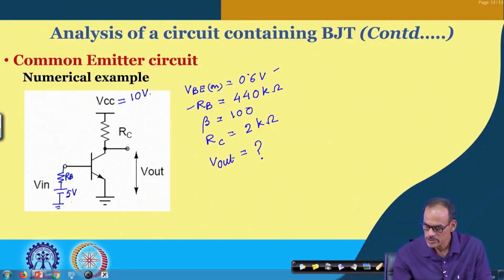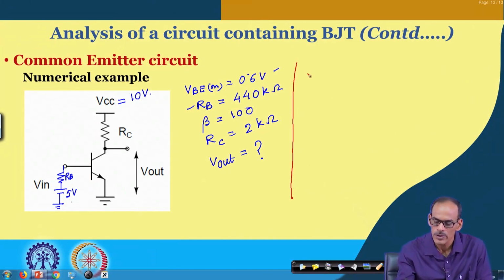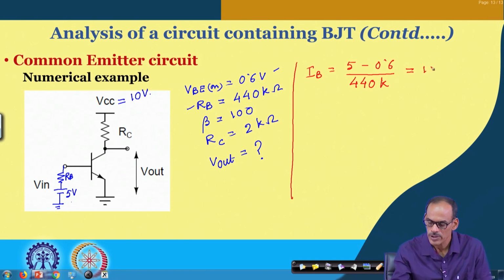So, IB equals 5 volt minus 0.6 volt divided by 440 K. That gives us 10 microampere, and then I c equals beta times I b.